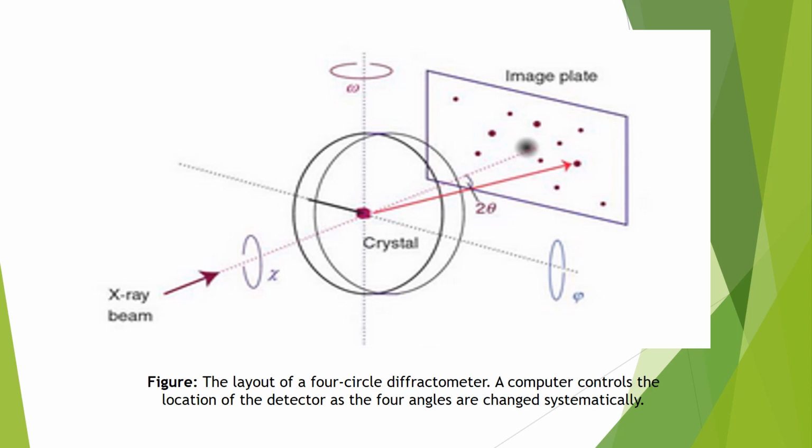Here is another layout of the process that takes place in the X-ray single crystal diffraction technique. In the layout of the four circle diffractometer, a computer controls the location of the detector as the four angles are changed systematically.